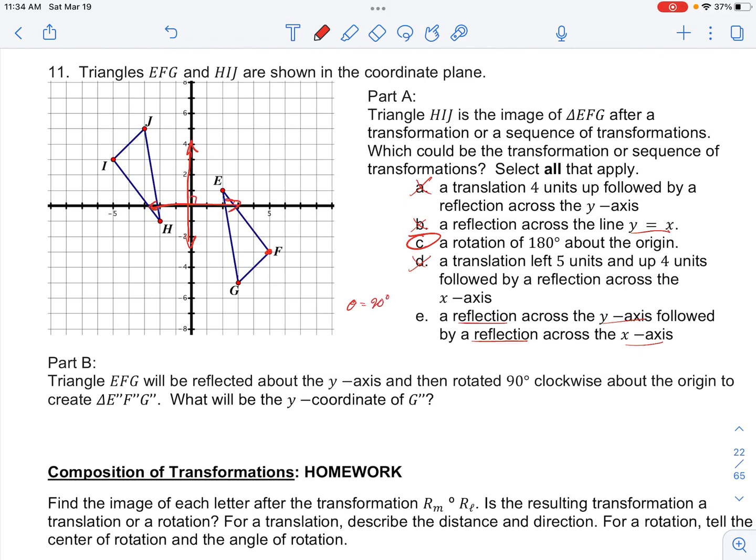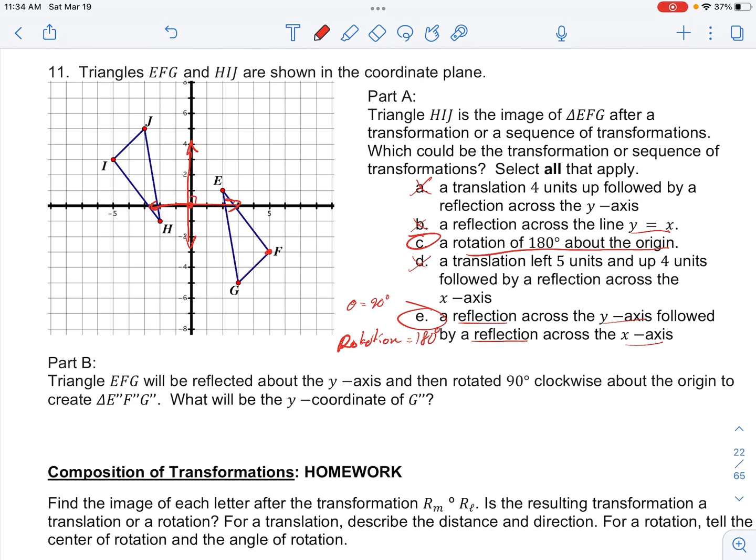So if theta is 90 degrees, then our angle of rotation would be 2 times 90, which would be 180 degrees. And we rotate about the point of intersection of the two lines, so about the origin. So this is the same as selection C. So we know that E can also be selected.